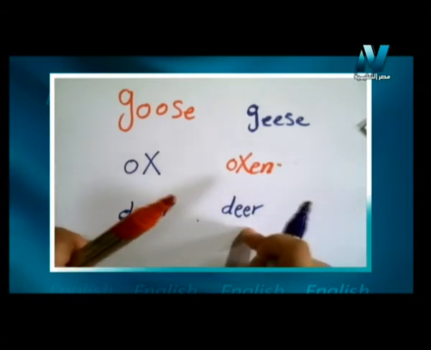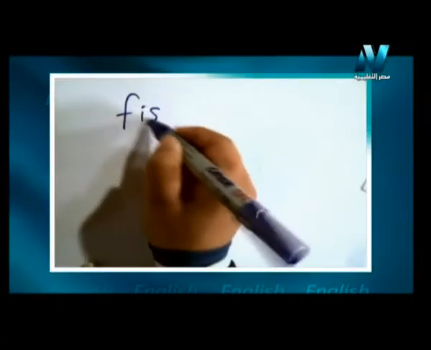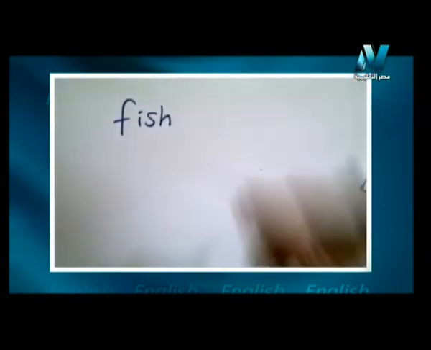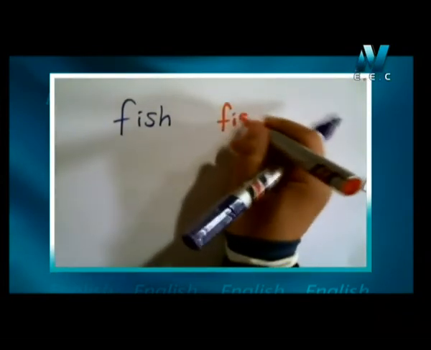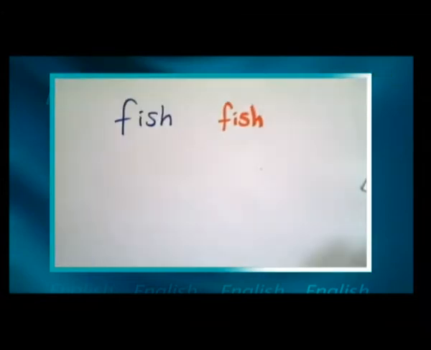Deer, deer. Fish برضو مش هتتغير وهتفضل fish as it is. The plural form of fish, it is fish, and the plural form of deer is deer.